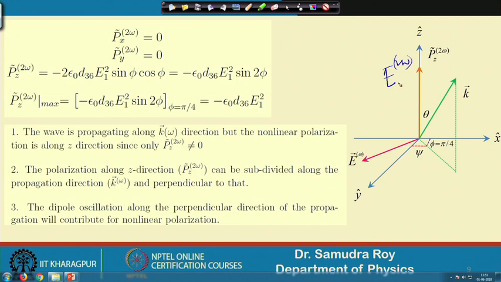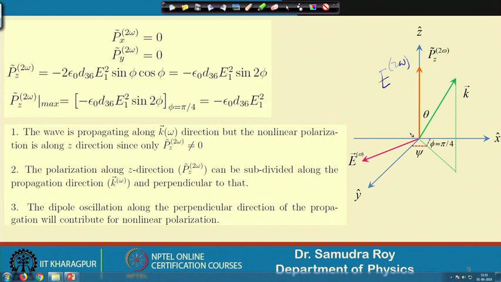What will be this field? This is not E rather. So, let me write once again. The corresponding field will be E of 2 omega, and this field will vibrate along z direction.